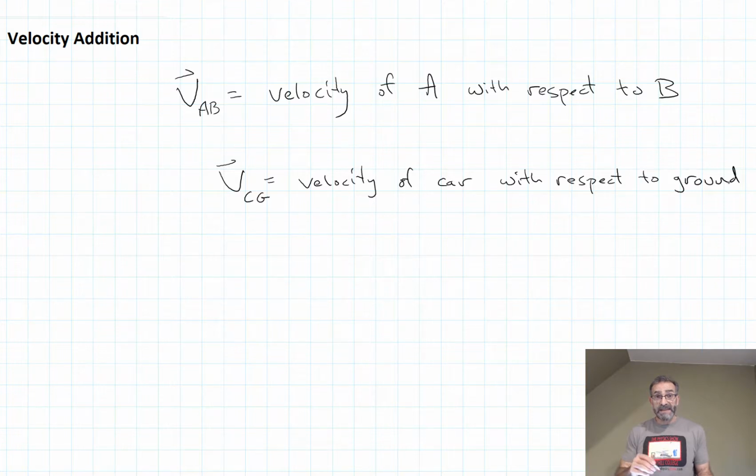V sub AB is the velocity of A with respect to B. V sub CG, the velocity of the car with respect to ground.